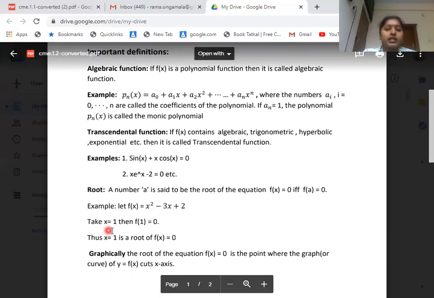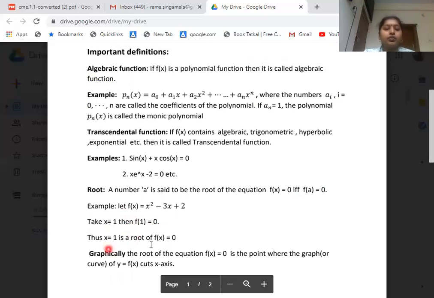If we take x equals 1, then f(1) equals 0. Thus, x = 1 is a root of f(x) = 0. Similarly, we can check with x equals 2. That will be giving f(2) equals 0. Hence, x = 2 is also another root of f(x) = 0. So, we have seen the definition of root of an equation.